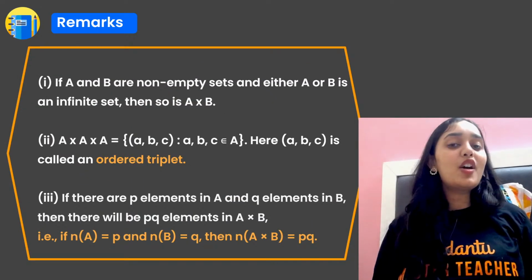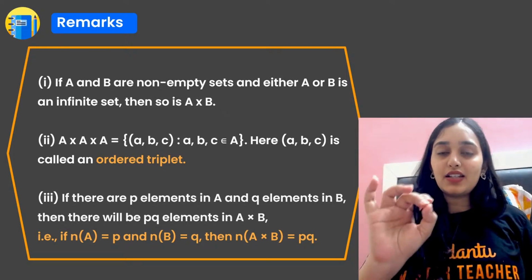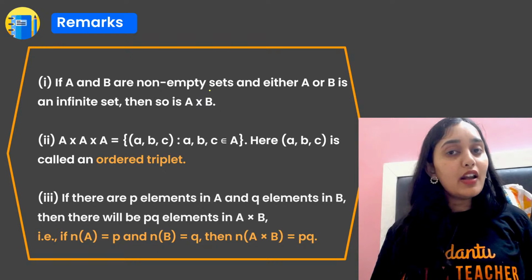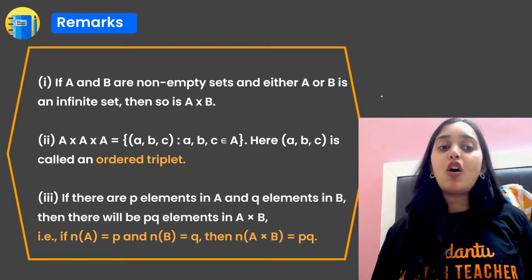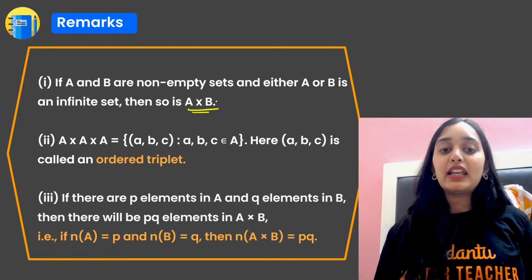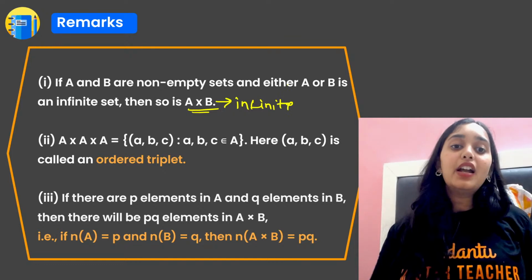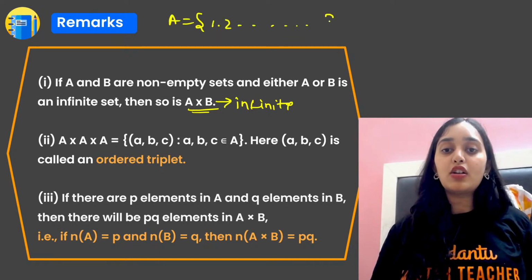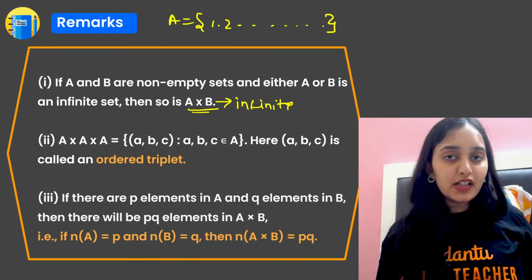Some more important points regarding the Cartesian product of two sets. First point, if A and B are non-empty sets and either A or B is infinite, then A cross B is also infinite. Obviously, if set A has unlimited numbers, then the ordered pairs will also be unlimited.